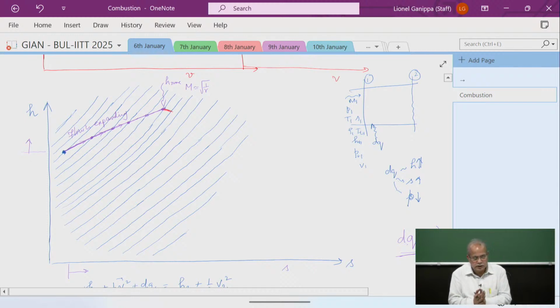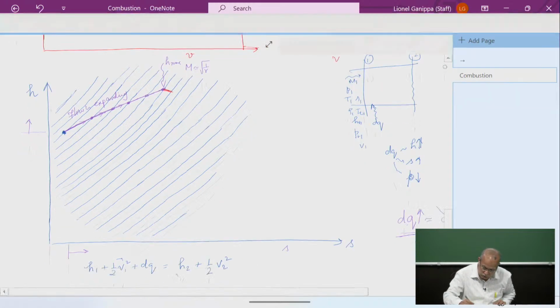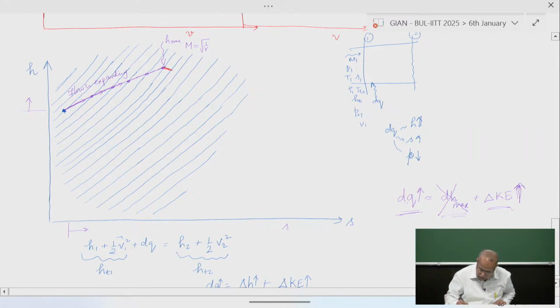Now the flow is able to accelerate because of the decrease in pressure here. The flow is giving its energy, so you can see the H maximum is now, enthalpy is now decreasing. The flow has given off some energy and is continuing to accelerate. If the kinetic energy of the flow has to increase at a rate greater than the heat addition, then it has to take the energy from the flow.